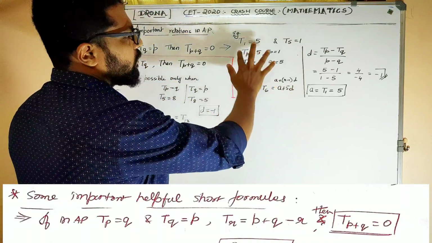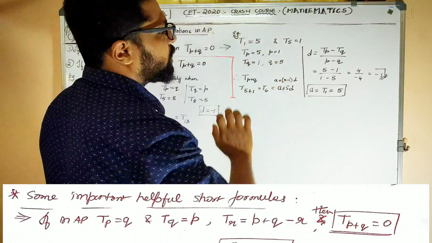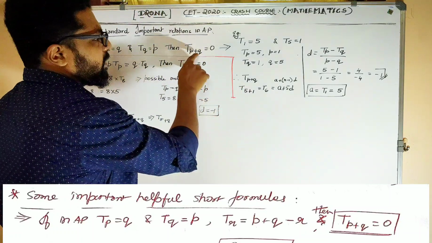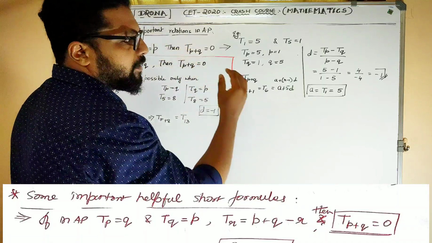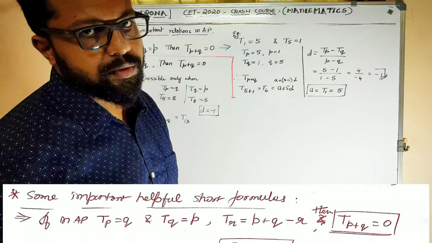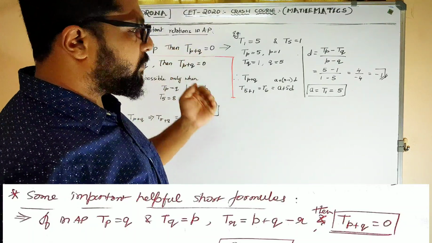They might ask what is the sixth term of this particular question. The sixth term means 5 plus 1, isn't it? P is 1 and Q is 5, so 5 plus 1, and without even solving anything, you should be able to tell the answer is 0. It is not random guessing, you just remember this formula.